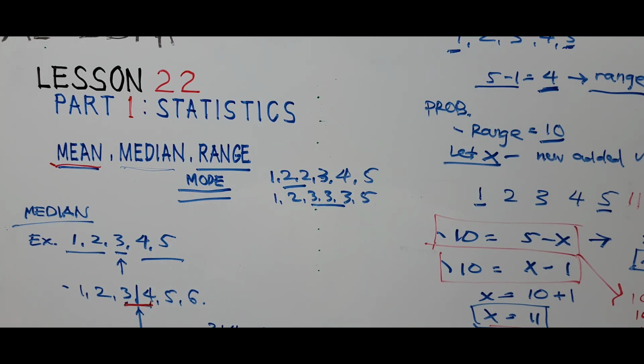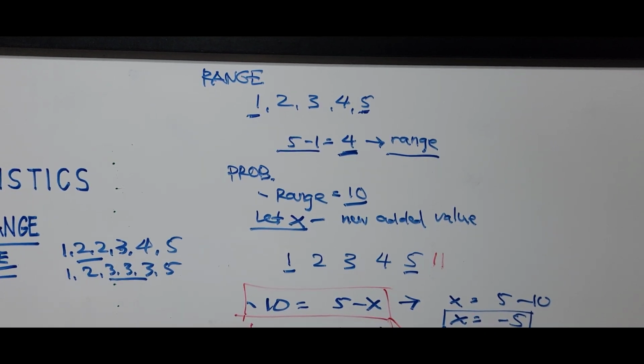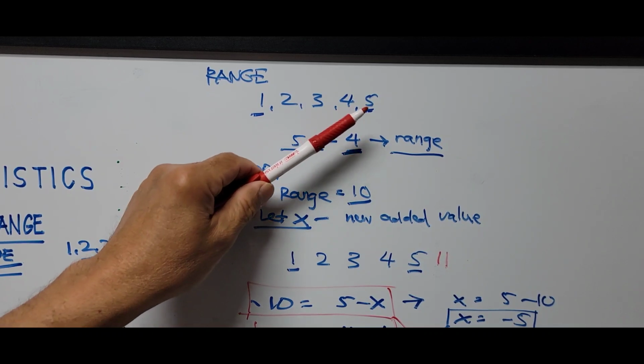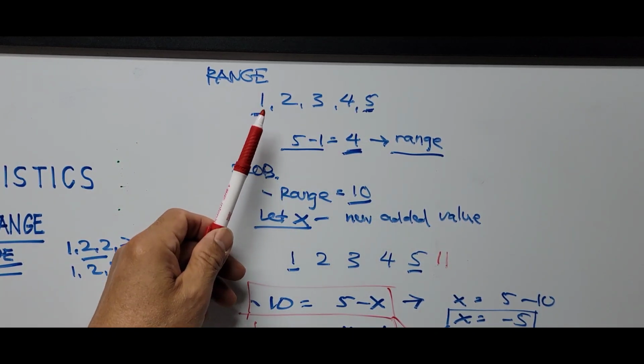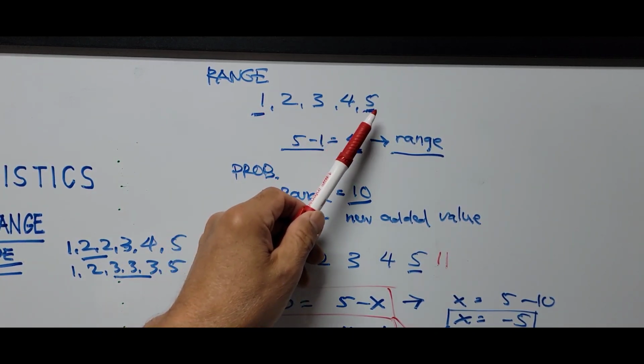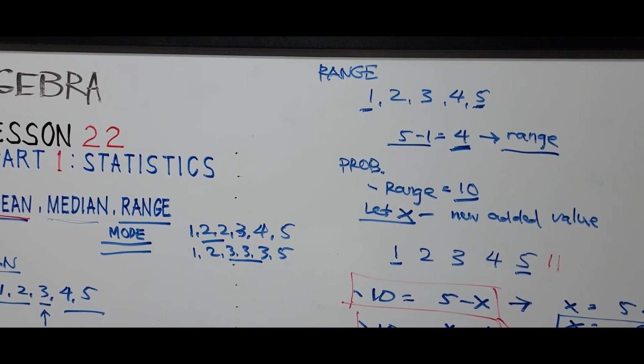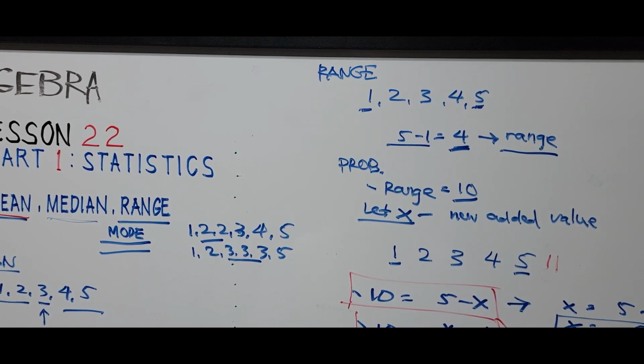When it comes to range, the range is the difference between the highest value and the least value. So in here, 5 minus 1 is 4, that's the range. And finally, the mode. We don't need much computation when it comes to finding the mode.